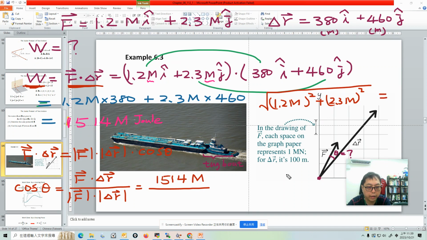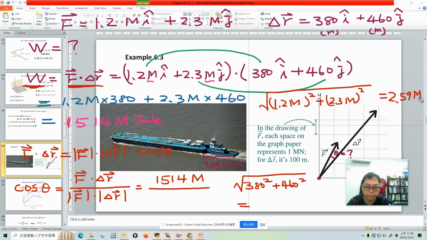The displacement is 380 squared plus 460 squared, and square root. Let me try 1.2 squared plus 2.3 squared and the square root. So 2.59.